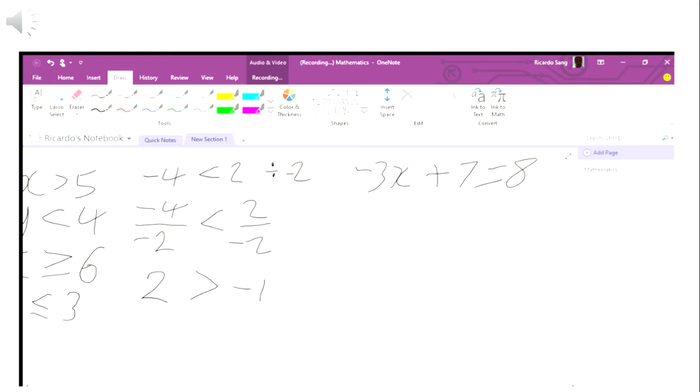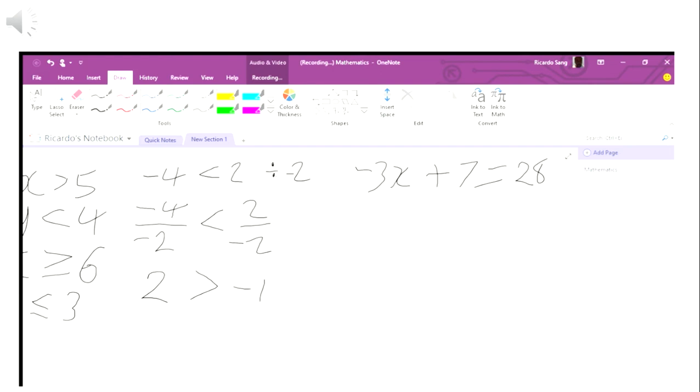No, let's give a bigger number. So, say 28. Right? So negative 3x plus 7 equal 28, and we want to find the range of values of x.